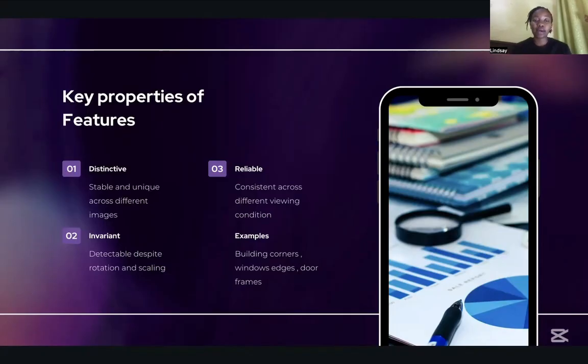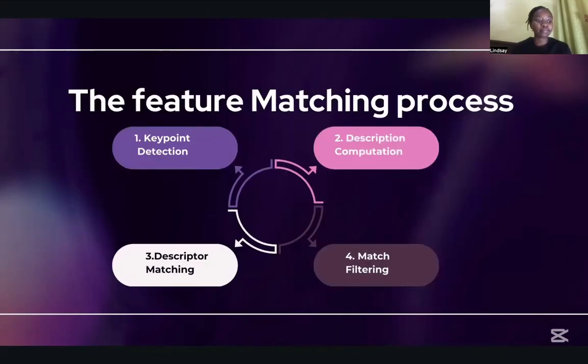So how feature matching works: it involves detecting the key points. That's step one that we are going to take you through. We have to detect the key points, the areas of interest in an image.